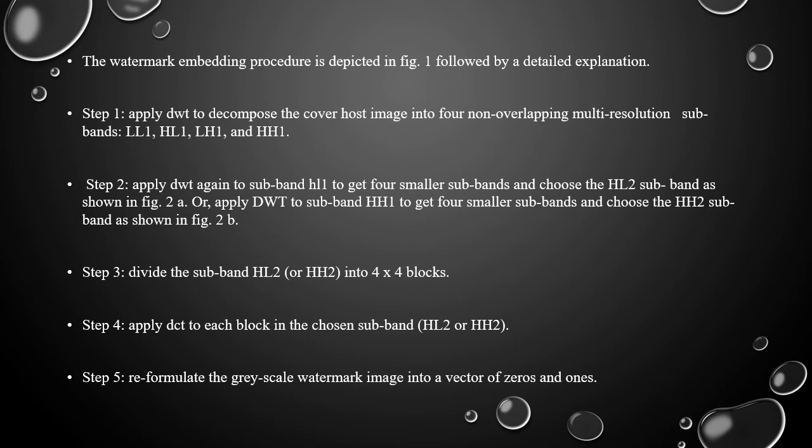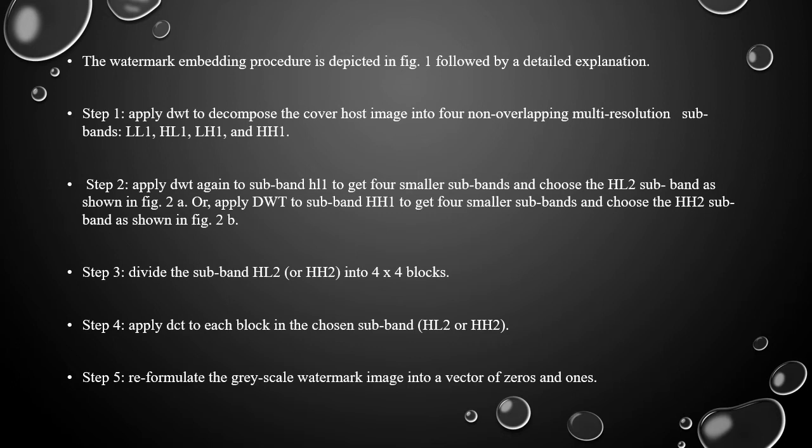Otherwise, we can apply the second level of DWT to HH1 to get another 4 smaller subbands and choose HH2 as the subband. Then we divide the subband HL2 or HH2 into 4 blocks.